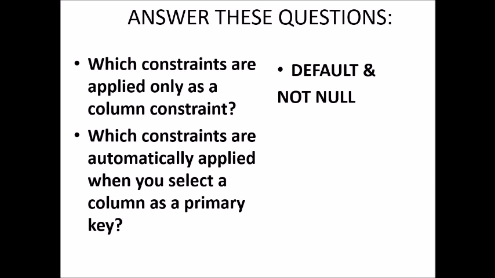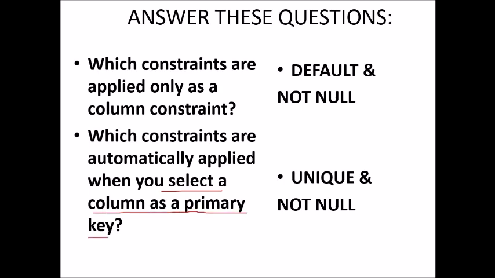They can be applied only as column constraints. Unique and not null constraints are applied when you select a column as primary key. So I told you, when you select any column as primary key, these are the two constraints that are automatically applied on that.